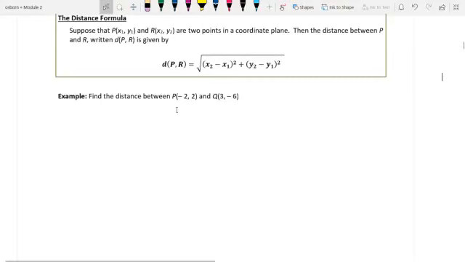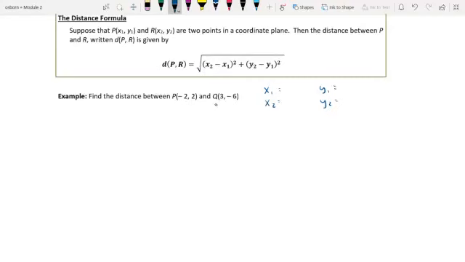If I want to find the distance between these 2 points, P and Q, I'm going to say what x1 is, what x2 is, and what y1 and y2 are.